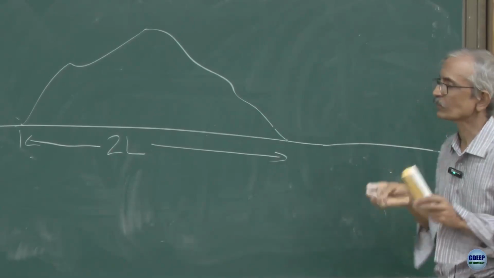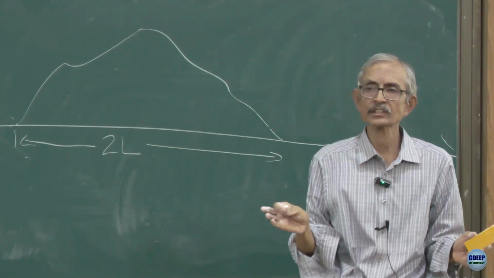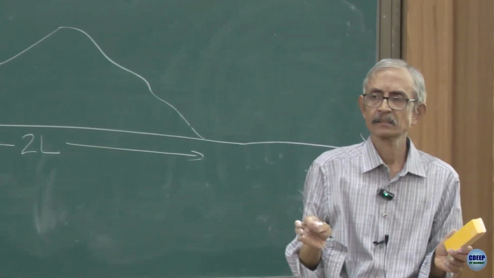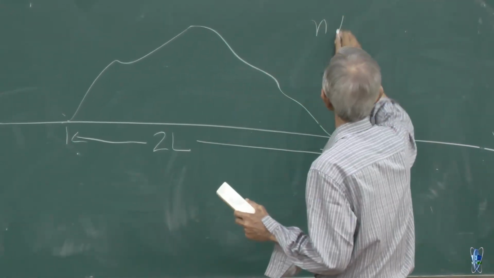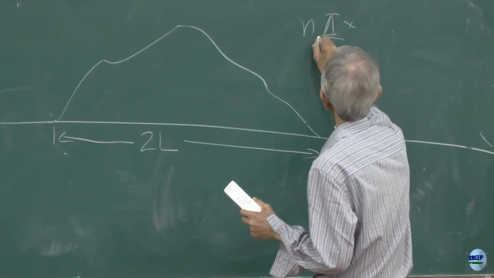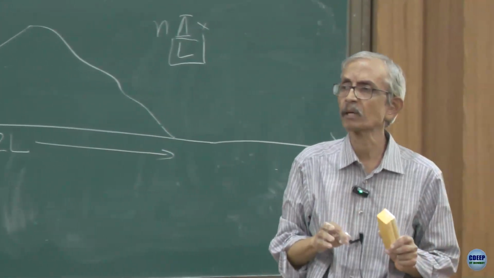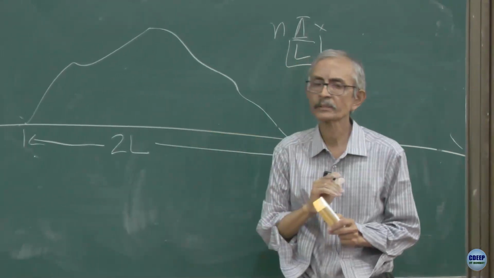So what is the way of increasing this L and not changing the signal? How can I increase the L? My aim is to increase this L somehow, but I want to keep this signal the same.